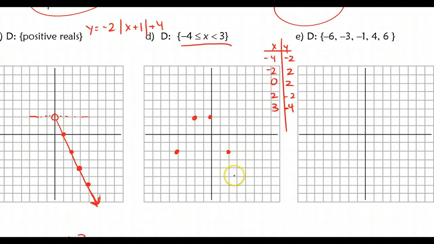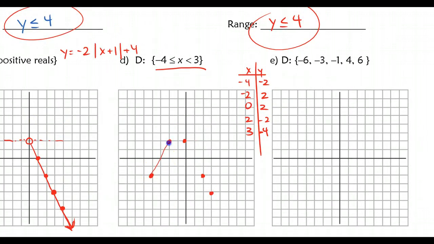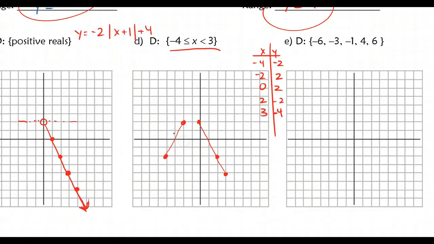So it actually looks really messed up. I'm like, oh, am I supposed to connect it like this? Notice that you have values that look like they're going to form a V shape, so you really need to figure out where that point is.